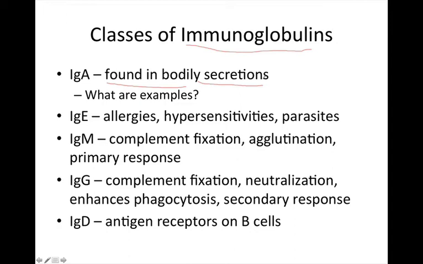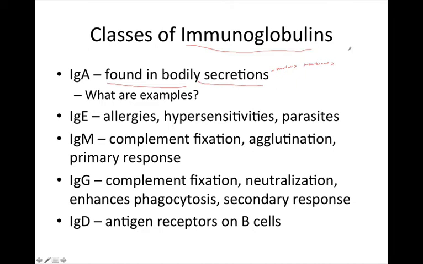In a lot of areas where there are secretions, the inside of the body is directly exposed to the outside, like, for example, the mucous membranes. Mucus is a secretion produced by goblet cells. So we can mix some IgA in there.